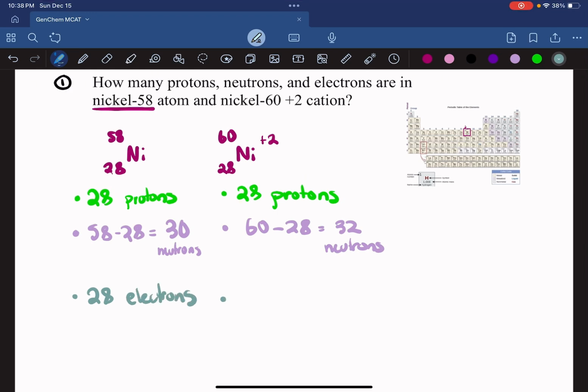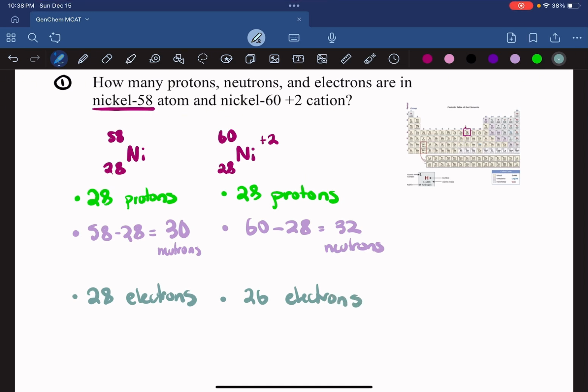Now, nickel-60 has a +2 charge, so that means that we have 2 fewer electrons than nickel-58, okay? And remember how I said that the number of electrons and number of protons is equal unless there is a charge. So since there is a charge, we're just going to go ahead and subtract 2 from 28, and that's going to give us 26 electrons.